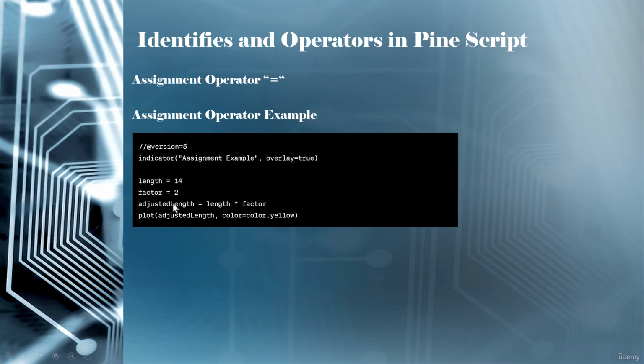Next, the variable adjusted length is declared and initialized as a result of this expression, length multiplied by factor. And the result of this expression is assigned to the variable adjusted length. So this is how the assignment operator works.